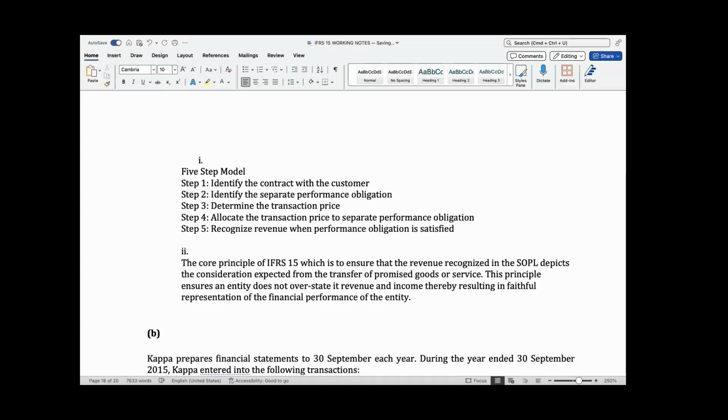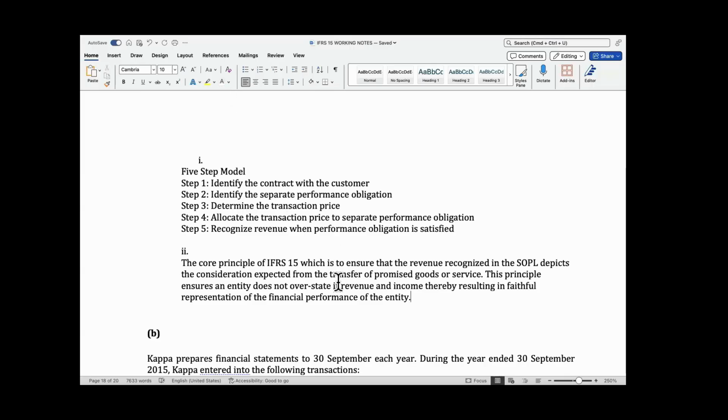So the major way this new IFRS 15 is improving is in the core principle, because with IFRS 15 now, you cannot recognize revenue if you have not transferred goods. So there's no room for you to overstate your revenue.